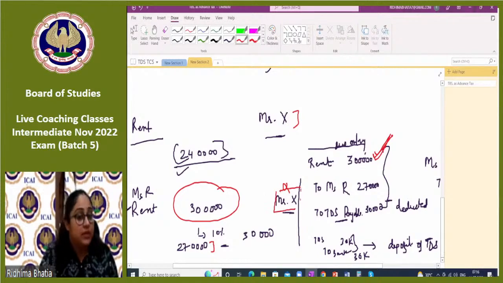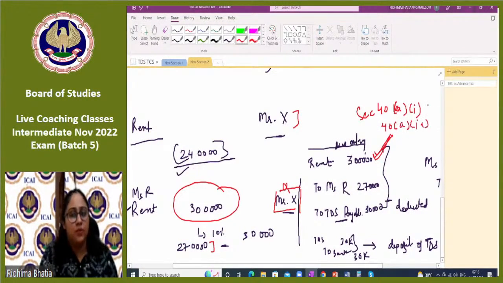Because if you relate to your PGBP income, section 40A(ia), does anyone remember these are the disallowance sections: if the TDS is not deducted, the expenditure would not be allowed. So to ensure that Mr. X deducts TDS, they say if you will not deduct the TDS, we will not give you the benefit of 3 lakhs.